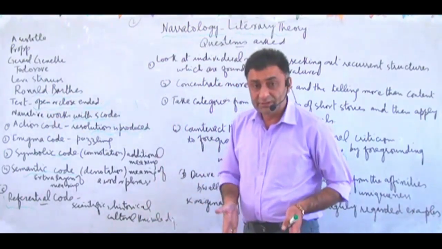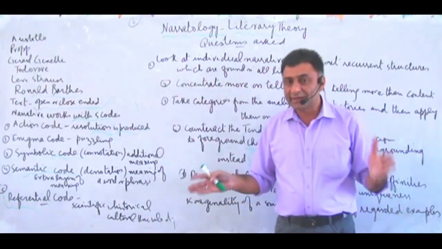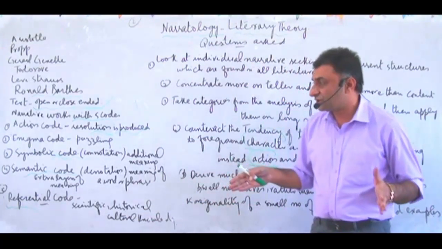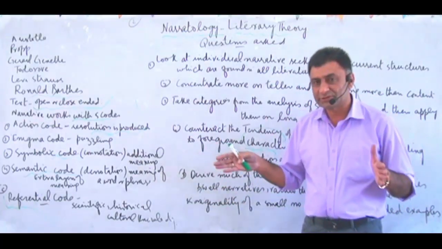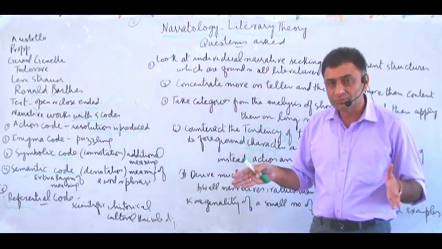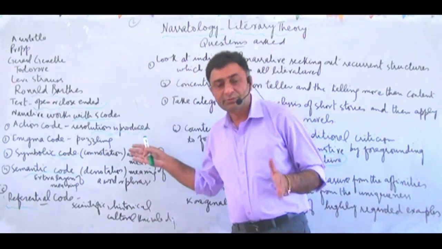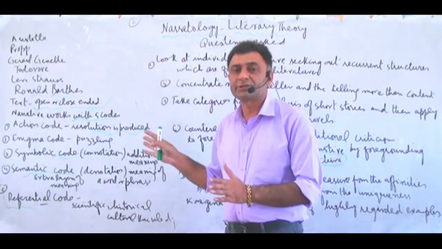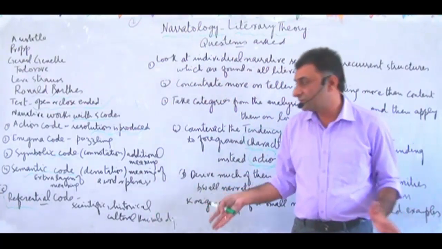We human beings will have to understand our whole life from start to the end, each and every person. This is called action code because we are part of this. So narratology tells us that we are involved, we have to live this life, so we must understand the meanings of life. And then enigma code means that there are problems in this society, and we are to solve them. If we are not going to solve them, it means that we are doing nothing.